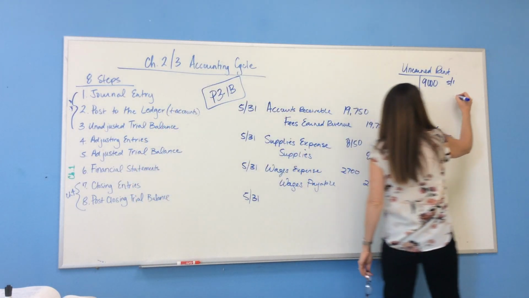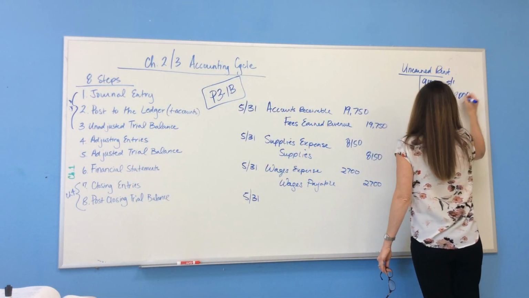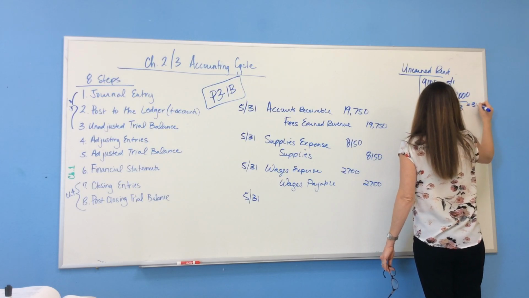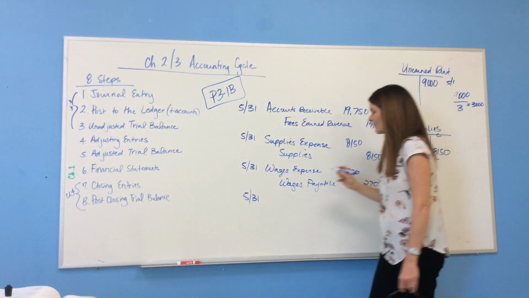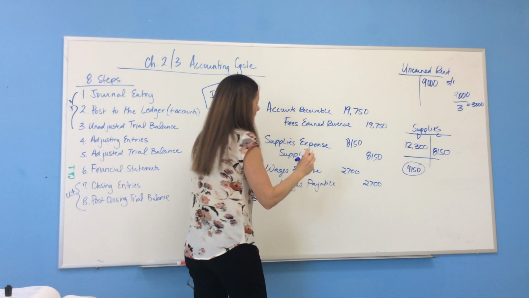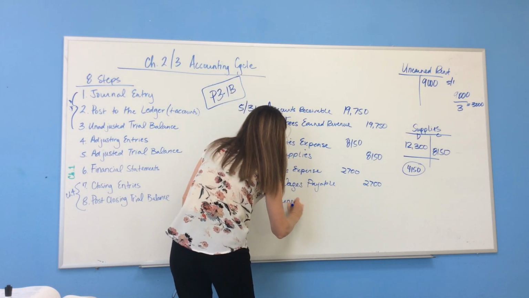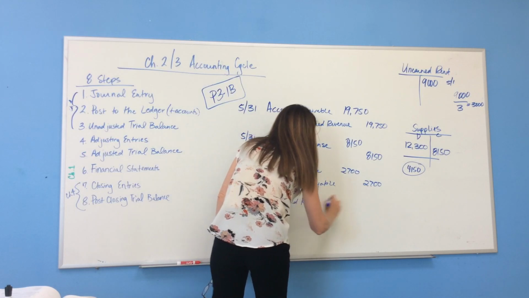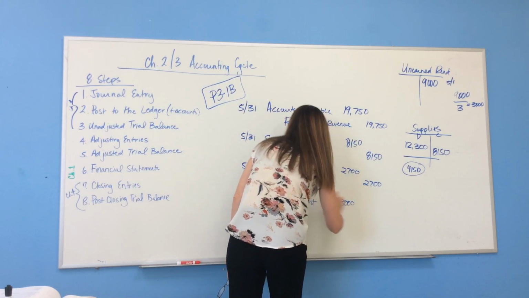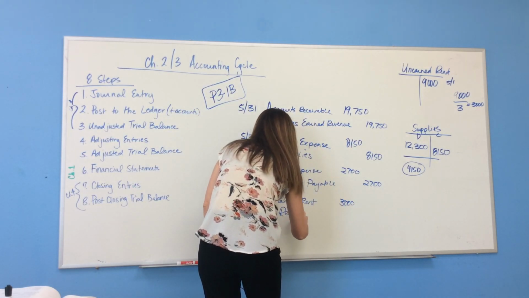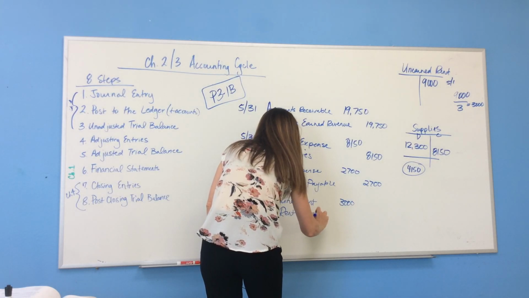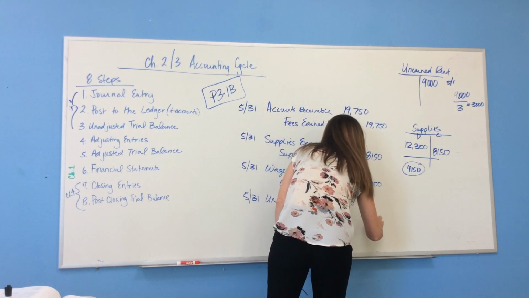So I'm going to take that $9,000, divide it by 3, I get $3,000 a month. I'm going to debit an account called unearned rent for $3,000, and I'm going to credit rent revenue for $3,000.